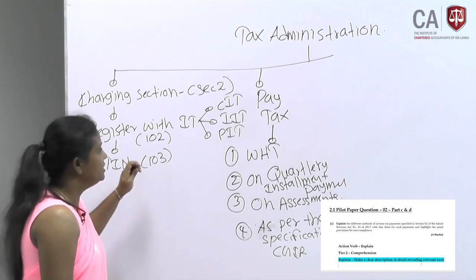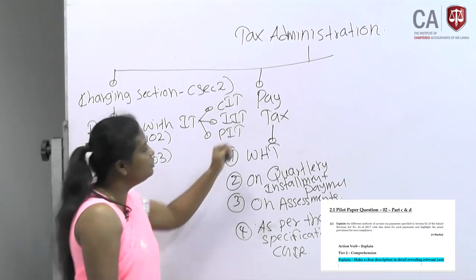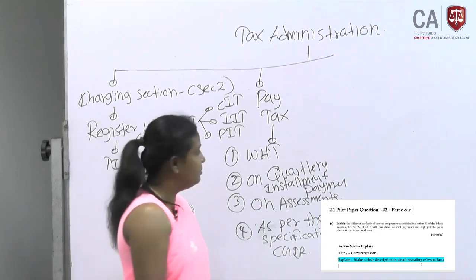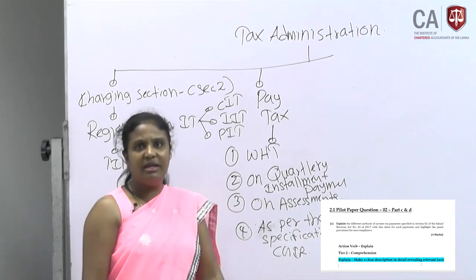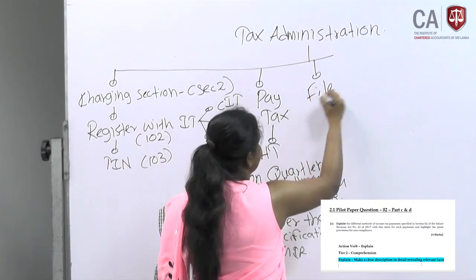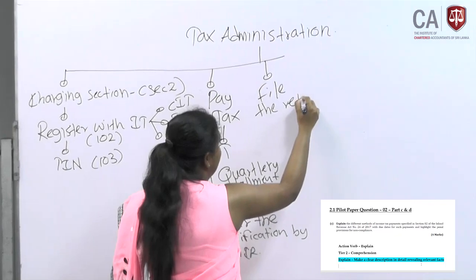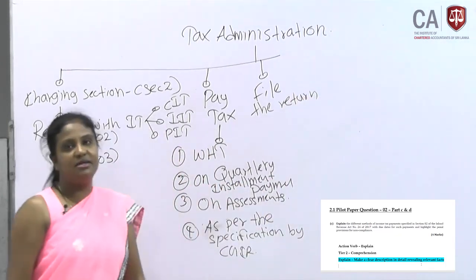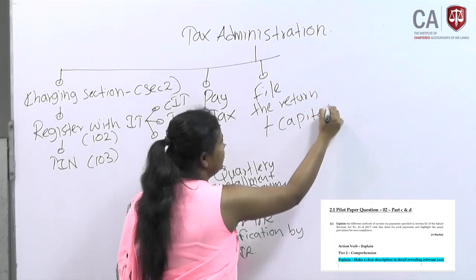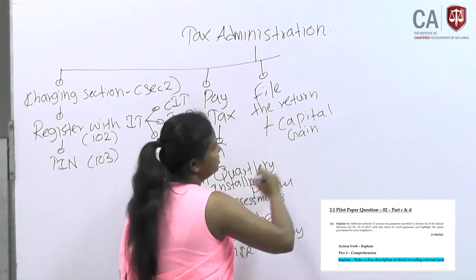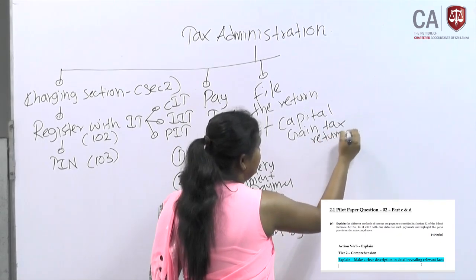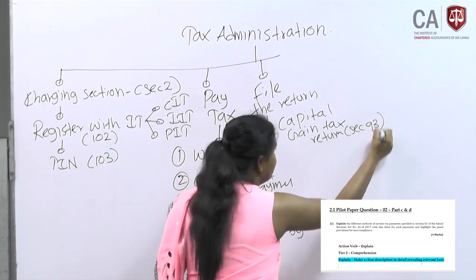Now you have registered for tax and made the payment for tax. Is that enough? No, then you have to file the return. In the Act, there are the returns: the capital gain tax return, which is on a transaction basis, mentioned in section 93 of the Act.